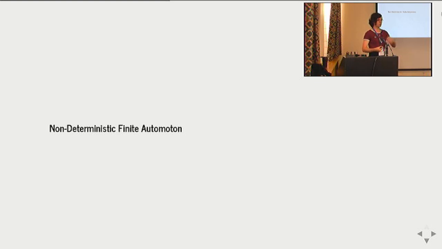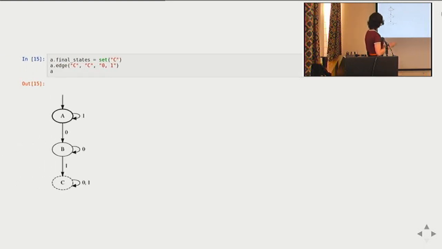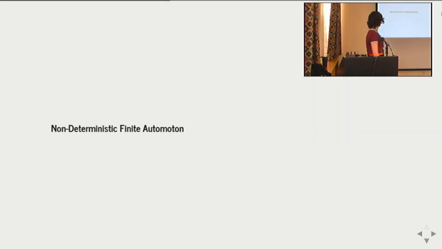Our alphabet was 1 and 0, and so for every state, there was a transition to a different state, even if that state is the same state. Let's go back and I'll explain that a bit better. Right, so for every state, there is one transition and only one transition for every symbol in the language, 1 and 0. That makes it a deterministic finite automaton.